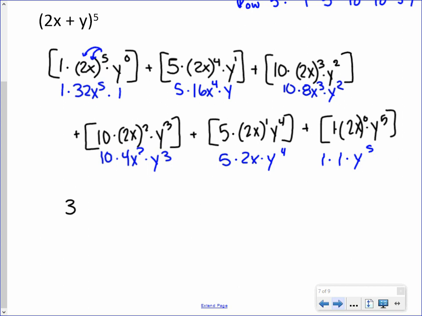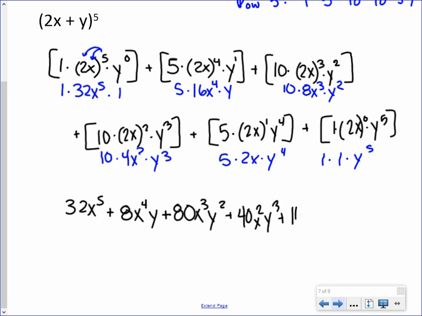So my final answer would be 32x to the 5th plus 80x to the 4th y plus 80x cubed y squared plus 40x squared y to the 3rd plus 10x y to the 4th plus y to the 5th.